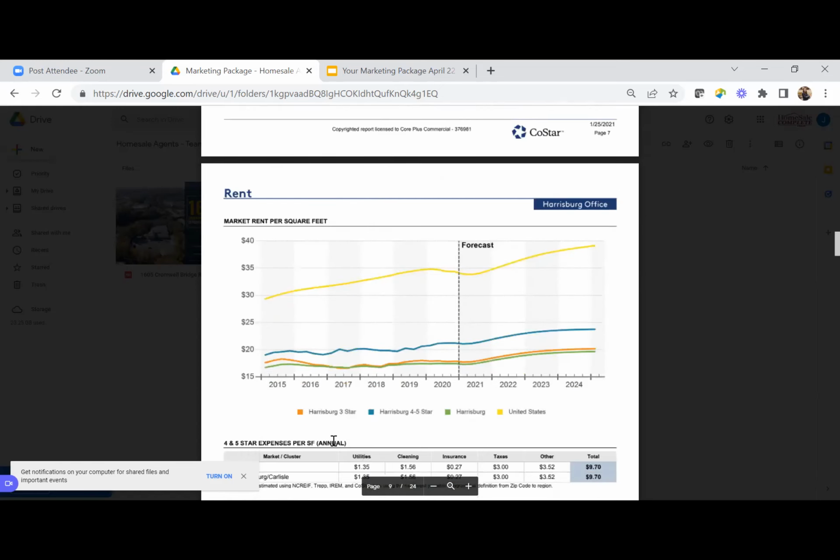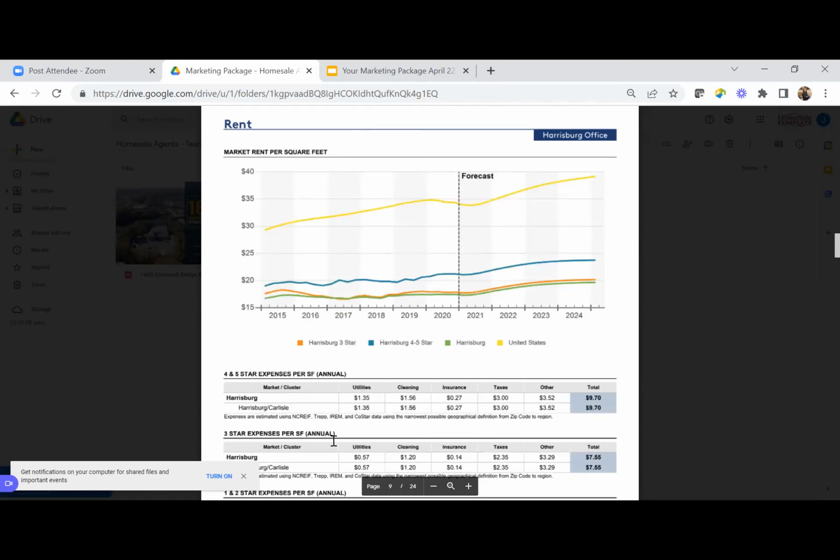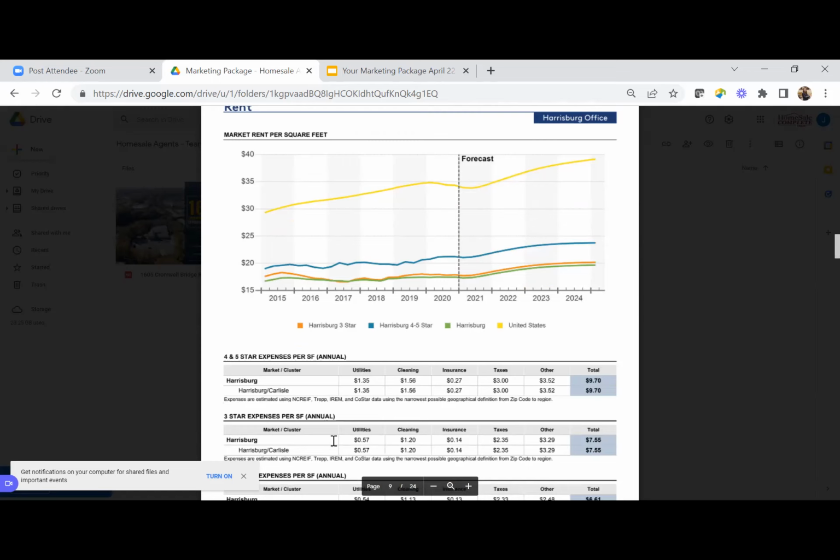Like, is this area going to be good for rent growth? Am I going to make more money? Looks like Harrisburg, and this one is about $18 a square foot, and the national average is 34.